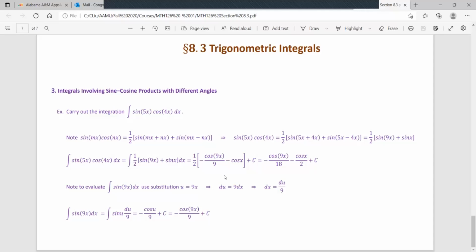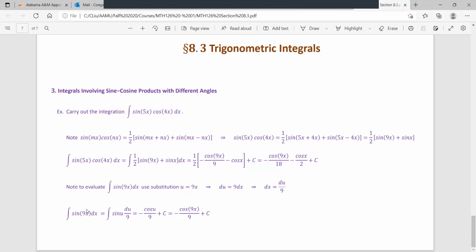All right. So this is just a reminder of how you integrate sine 9x. We already did that before, but I just want to remind you how to do it. Again, use substitution u equals 9x. Then take a differential of u, and you get du equals 9 dx. The derivative of 9x is just 9, but you still need to multiply by dx to get the differential. Divide by 9 on both sides, and we get dx equals du over 9.